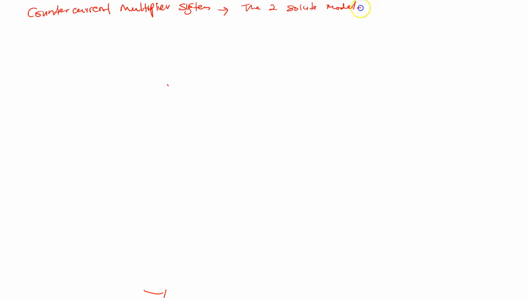Okay. So, sekarang ni kita nak fahamkan konsep countercurrent multiplier system. Tu solute model juga terlibat, dia seiring kan, involving the two solute model.